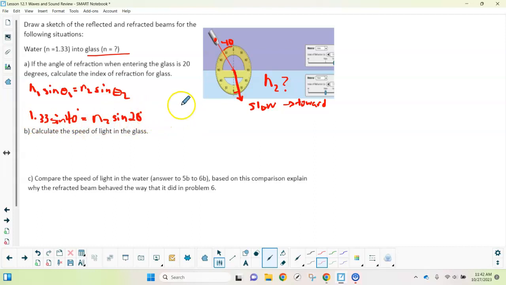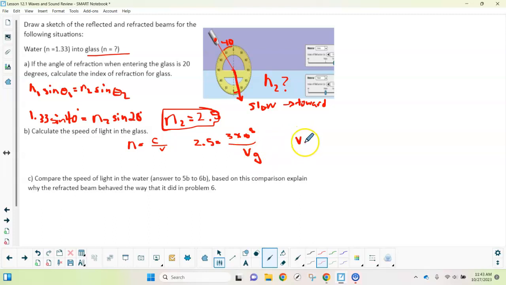You get sine of 20 in your calculator, it's a decimal, you divide through, and you'll get n2 is something like 2.5. So 2.5 is the new index for n2. And to calculate the speed, we're going to do c over v again. So it would be 2.5 equals 3 times 10 to the 8th, the speed of light, over v in the glass.